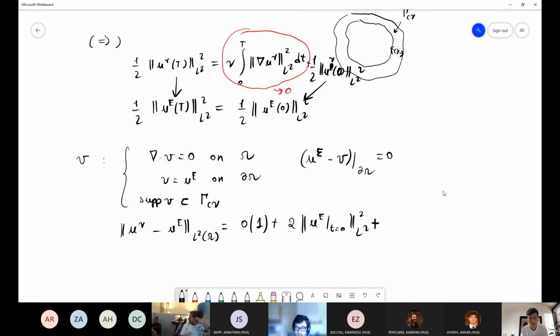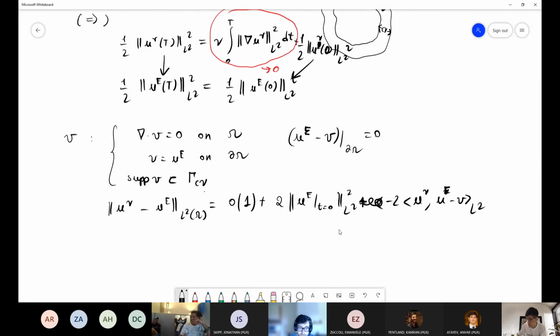And then minus 2 u_ν inner product with u_ν minus v, u_E minus v. Sorry, there's a missing step here. So this plus this minus 2 u_ν u_E.